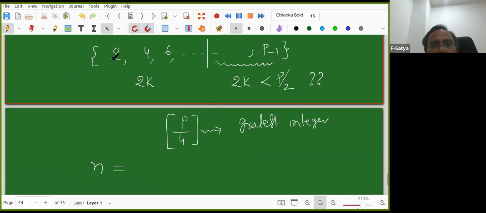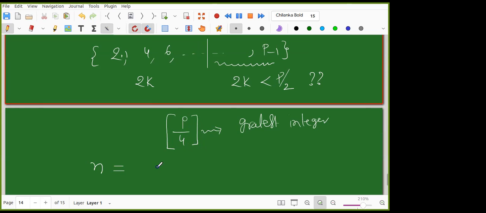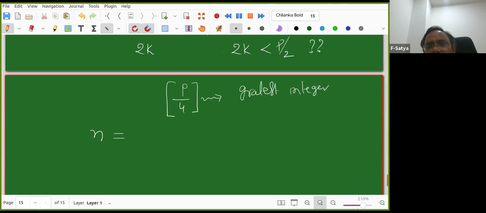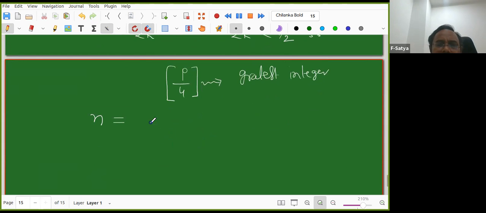But I know that 2 into 1, 2 into 2, up to 2 into the maximum where I can go, the greatest integer of p by 4. I'll go up to here only. Say it loudly, confidently. Don't worry about mistakes, let them come. You are doing this for the first time, right? Don't worry.